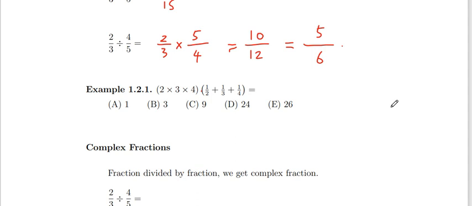The first one, multiplied by a half, cancels the 2, becoming 3 times 4, which is 12. So that's 12 plus. This one multiplied by 1 over 3 cancels the 3, so that's 8. This one multiplied by 1 over 4 cancels the 4, equals 6. So that equals 26.